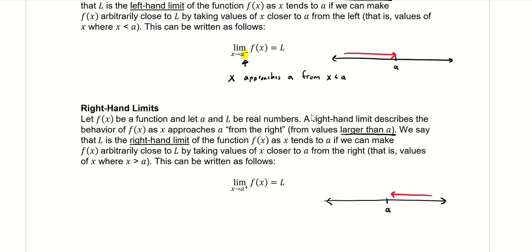In terms of our notation and our limit expression, we usually see this with an a, or whatever the number is, with a superscript plus. So this is x approaches a from values of x greater than a. Right-hand limit, or RHL. Much faster to write.